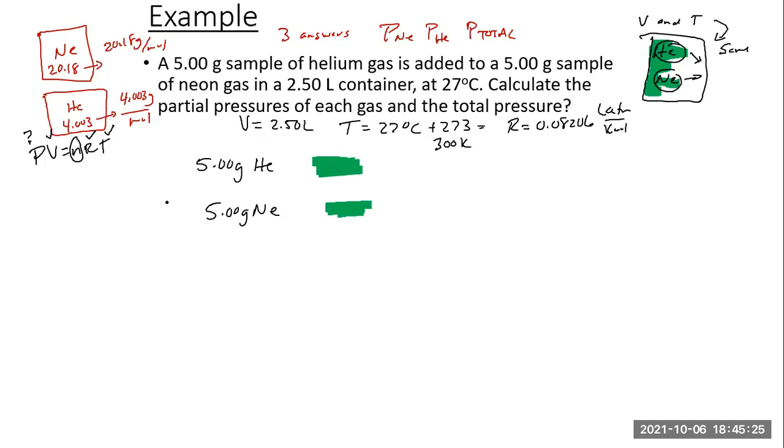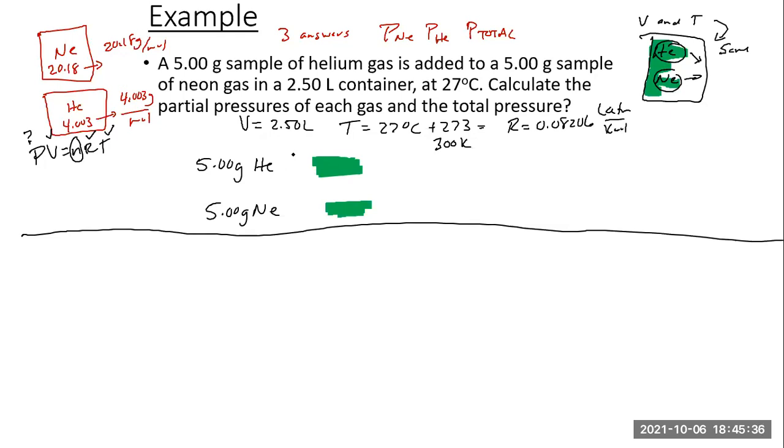The first thing we want to do is convert our grams into moles. Again, we go to the periodic table and find the molar mass. For helium, it says 4.003, and we use that as a conversion factor, 4.003 grams on the bottom, moles on top. Taking 5 divided by 4.003 gets us 1.25 moles of helium.